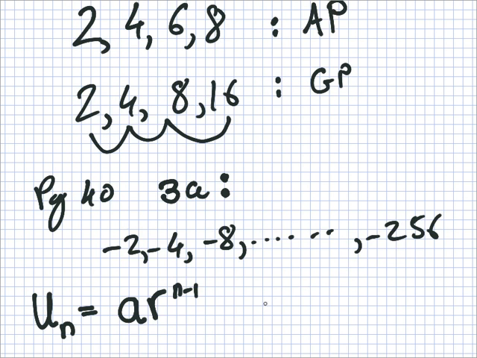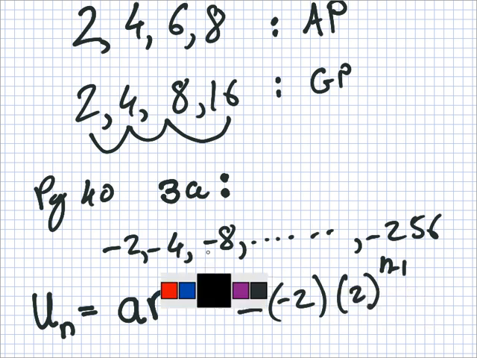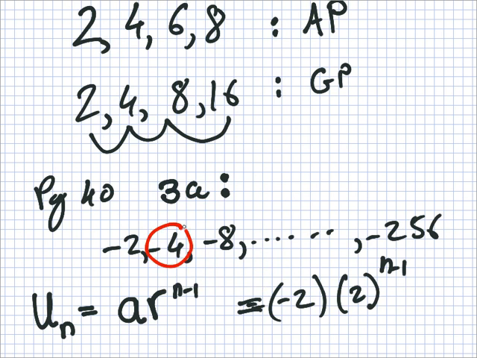Okay, so tell me, what is the A and the R here? -2 is the A. And the R is 2. Now, I'll give you a little tip if you're having trouble calculating the R. You just take out your calculator and type in the second number and divide it by the first number.